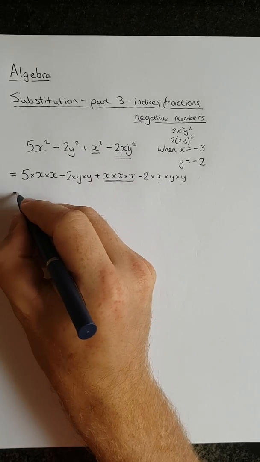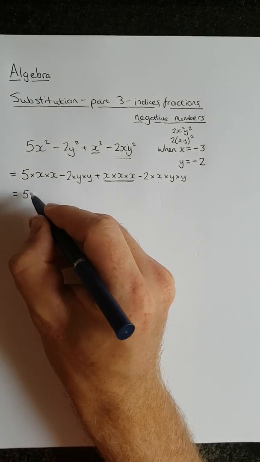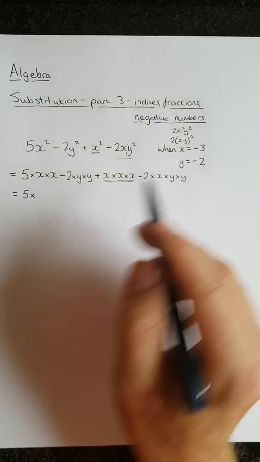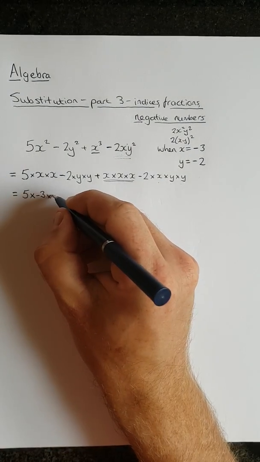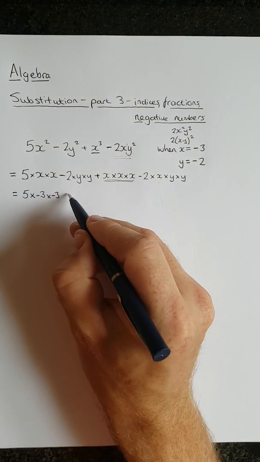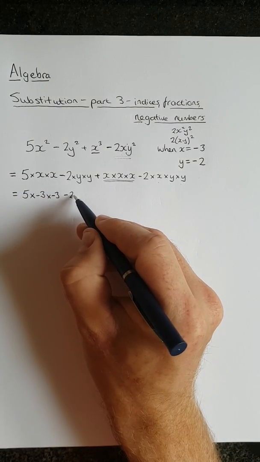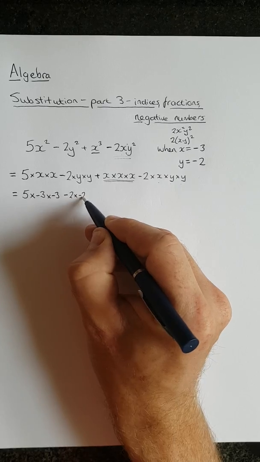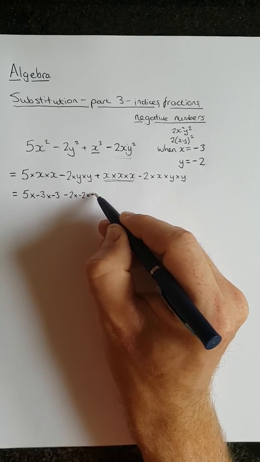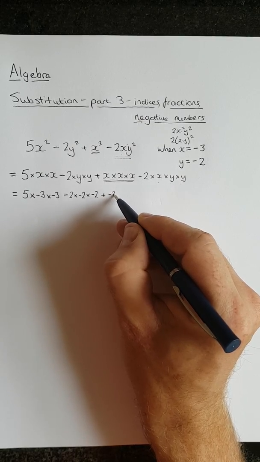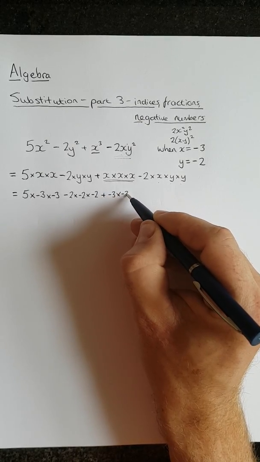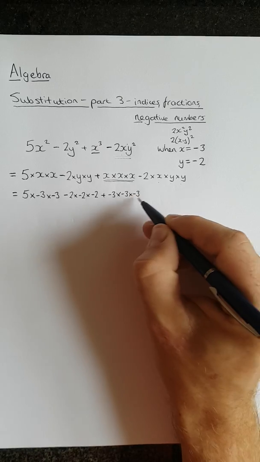So 5 multiplied by minus 3, because that's our value of x, multiplied by minus 3. Subtract 2 lots of minus 2 times minus 2. Add minus 3 times minus 3 times minus 3.